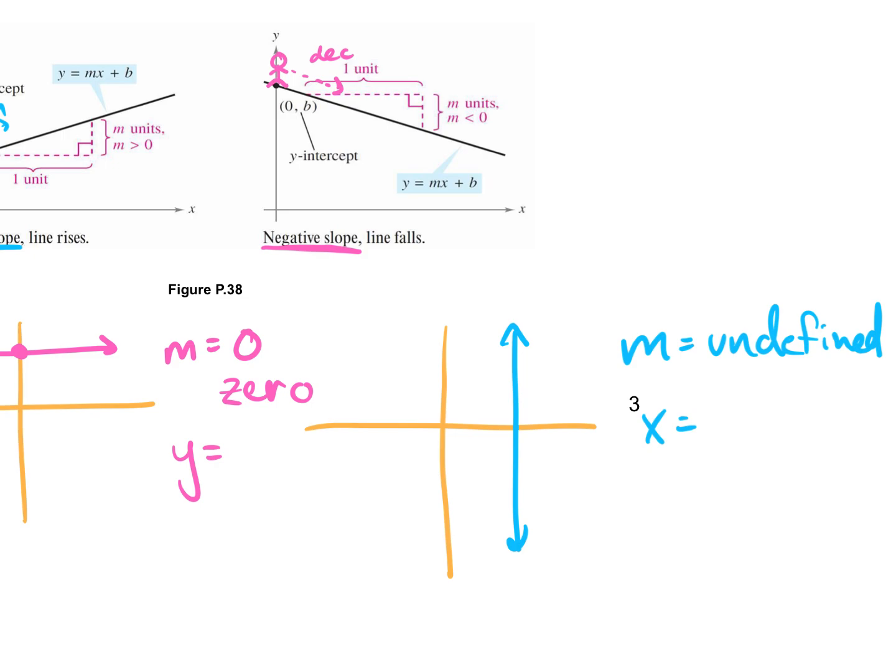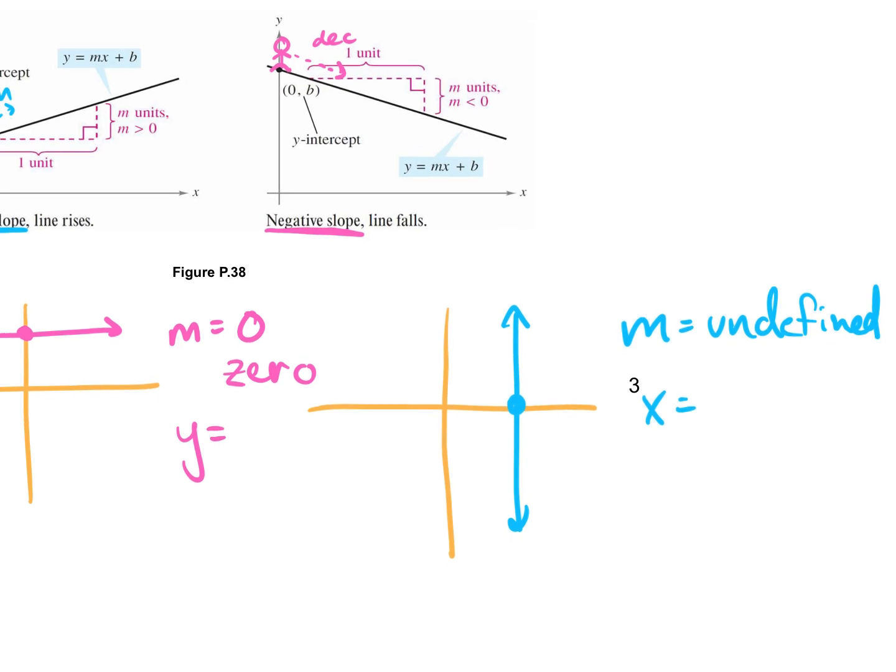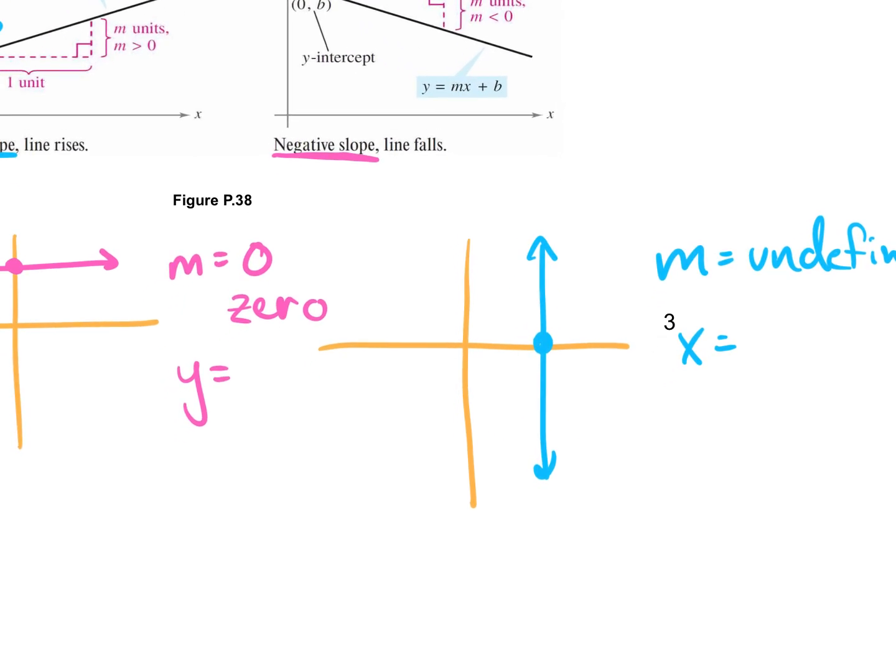So it'd be x equals whatever number it intersects the x-axis at. So because it touches the x-axis, it's x equals. One way to remember the difference between these two is if you look at 0, the z is kind of like horizontal, whereas undefined, the n is like a vertical line. It's a helpful hint, a little trick to help you remember which one's which.